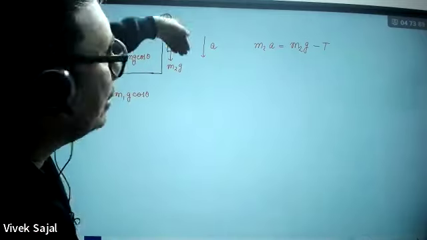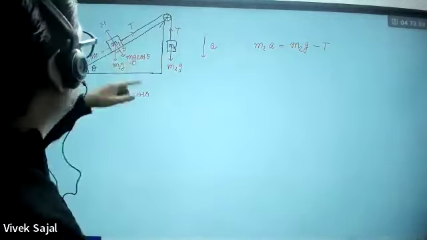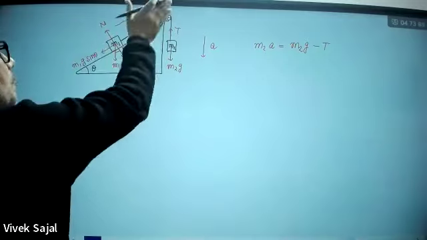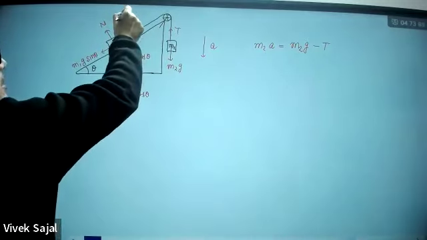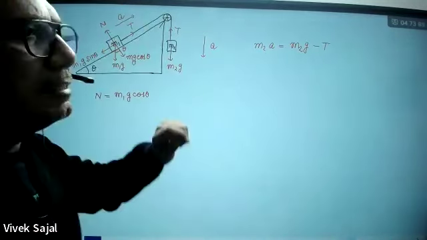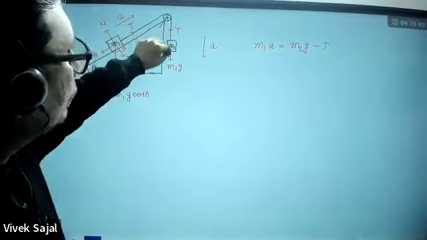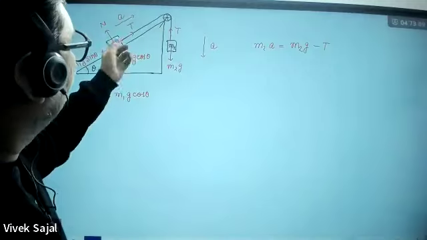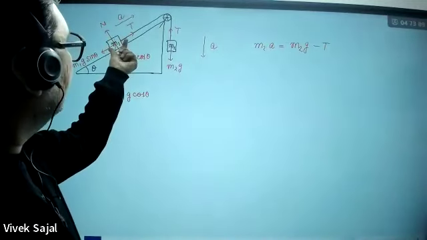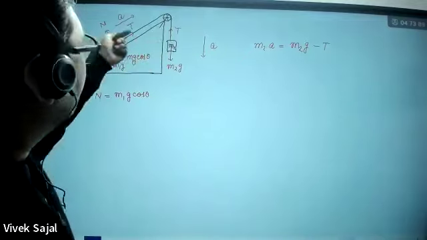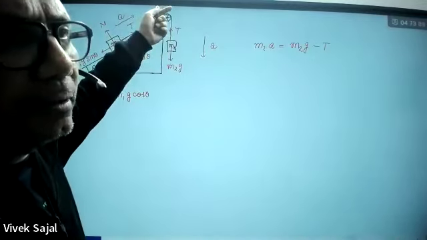If this block is moving downward with acceleration a, automatically M1 will move upward with the same acceleration because this string is inextensible. Its length is not changing. So if this block moves, only by the same length it will move in the upward direction. So whatever acceleration will be here, the same acceleration this block is going to have in the upward direction.